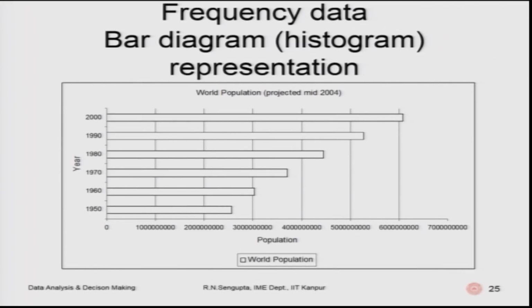The bar diagram can also be represented horizontally, whereas the initial one was vertical. In this case the population values are noted along the x axis, while along the y axis you have the years from 1950 to 2000.